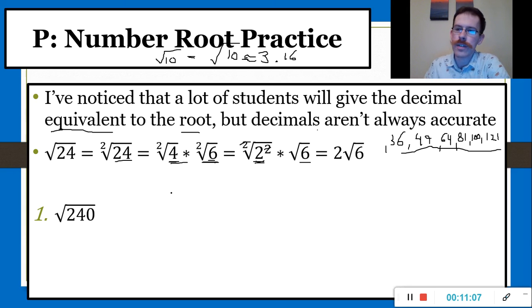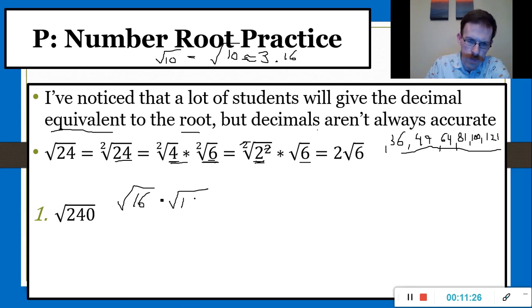I want to break it down to where I have a perfect root on one side and a root that cannot be broken down by anything else. Like this 240 is going to be the square root of 16 times the square root of 15.